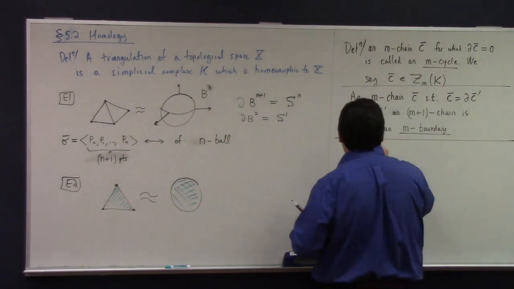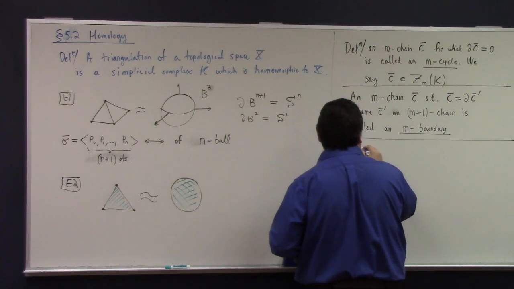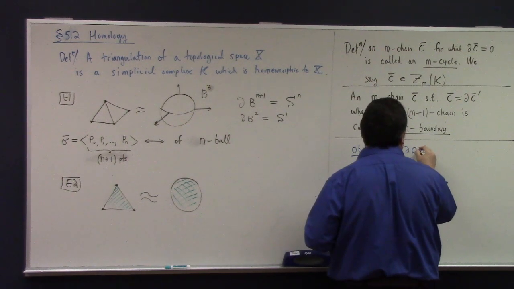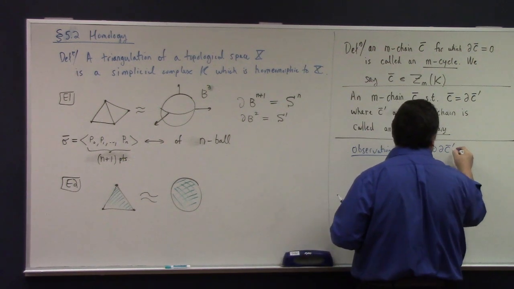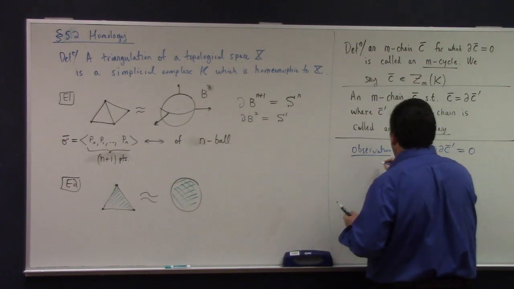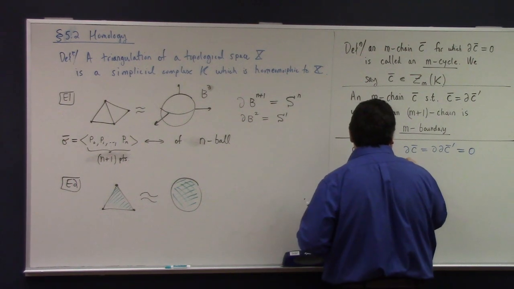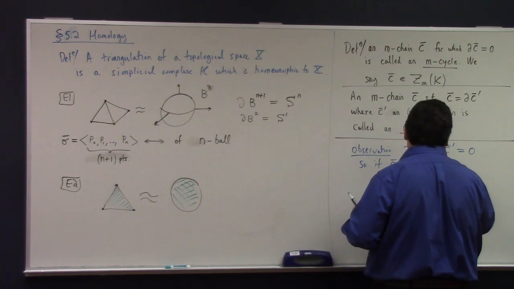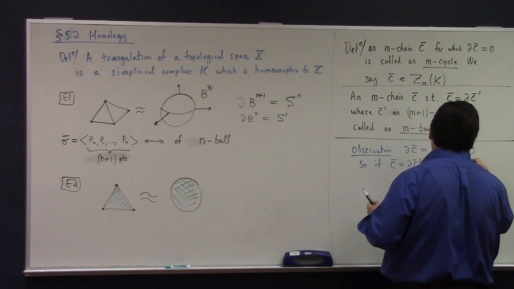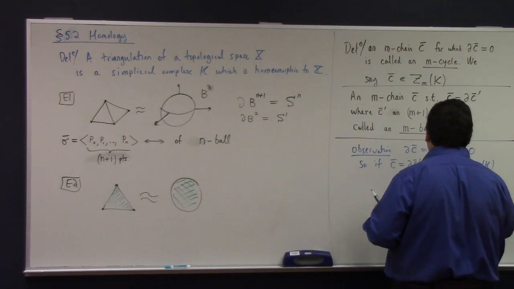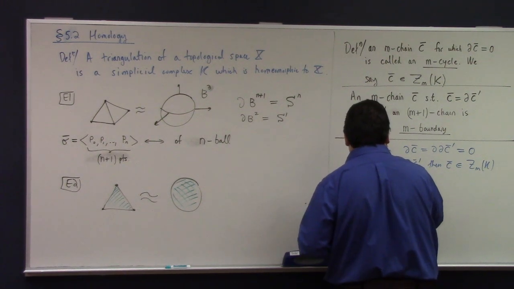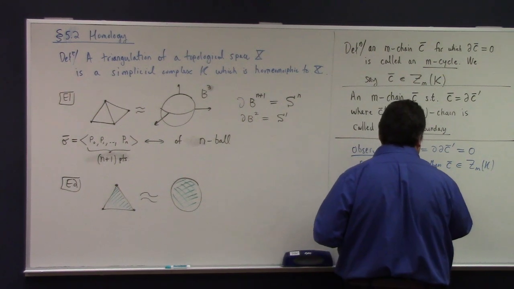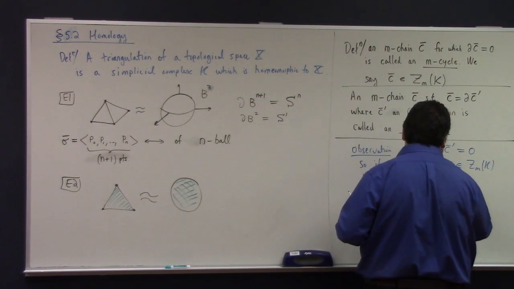A boundary is a cycle. Aha, so observation: partial C-bar equals partial of partial C-bar prime equals 0. So if C-bar equals partial C-bar prime, then C-bar is an element of Z_M(K). In other words, you've just shown that B_M(K) is a subset of Z_M(K).